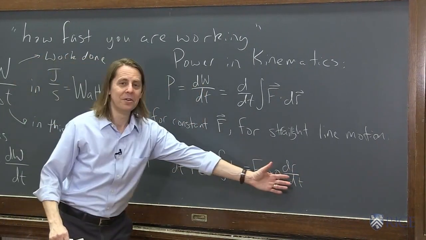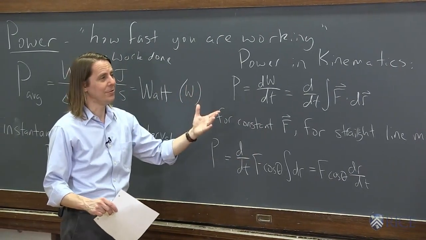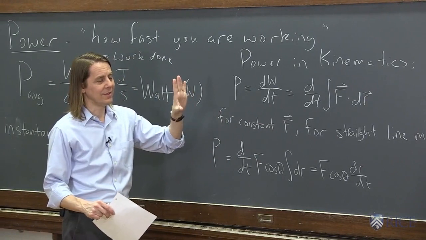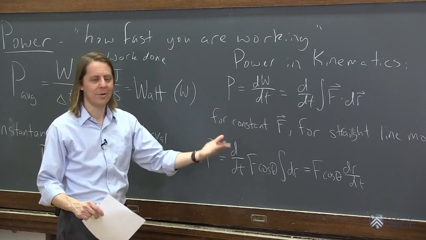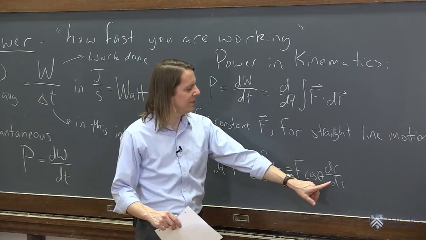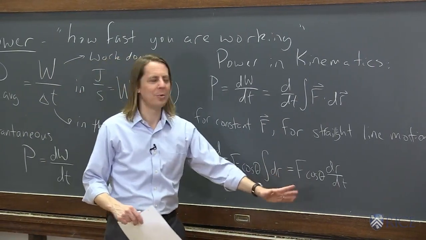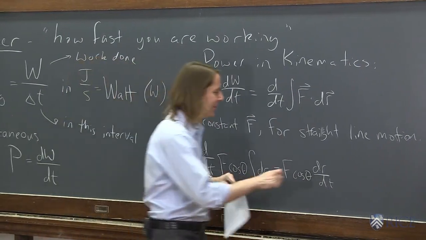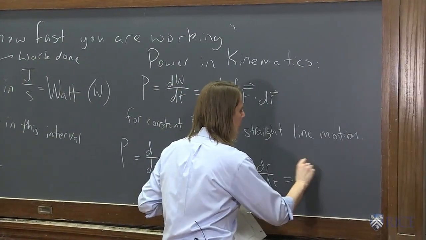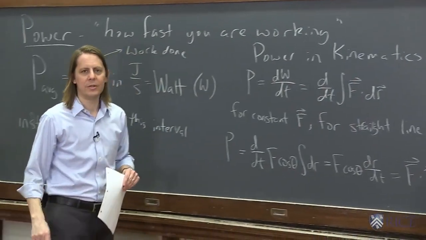But that's just the velocity. This is a very long way of saying if work is F dot d and you take the time derivative and the force is constant, it's the time derivative of the position or of the displacement, which is, as you know, the velocity. So you could say this is F cosine theta v. But you realize, oh, that's the dot product. So now we can make it general again, and say basically the instantaneous power is the dot product of force and velocity.